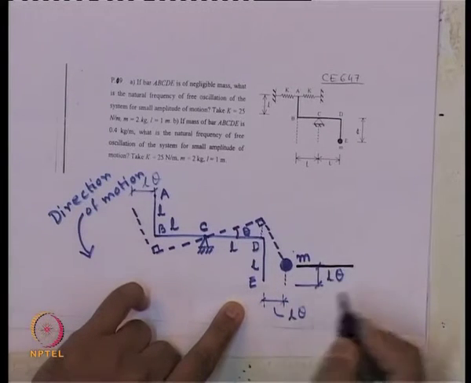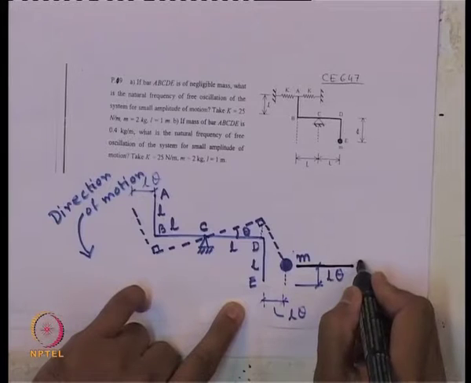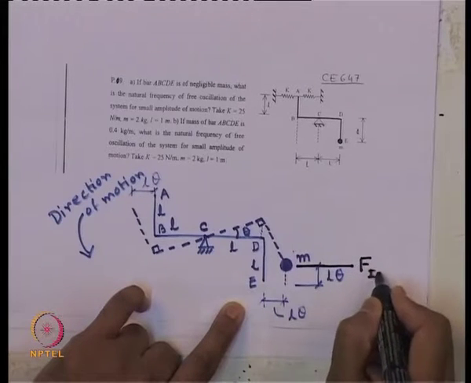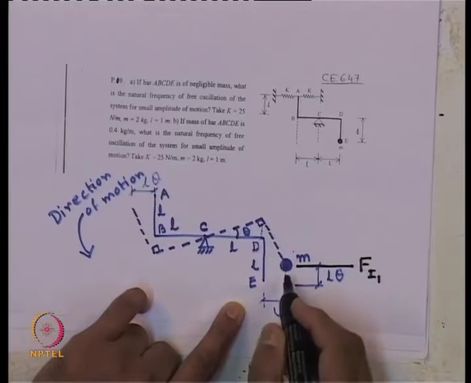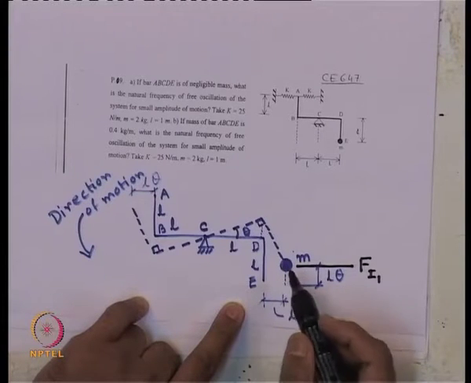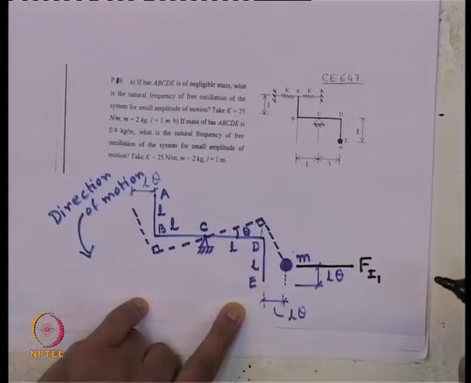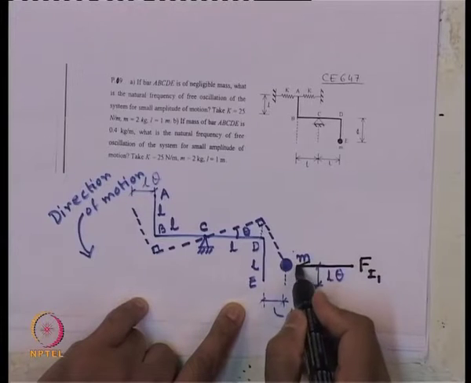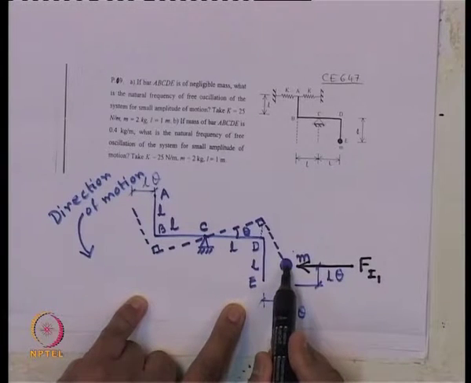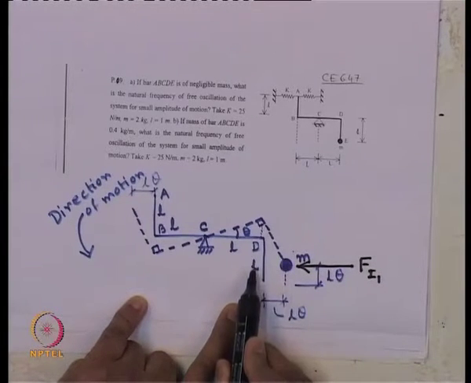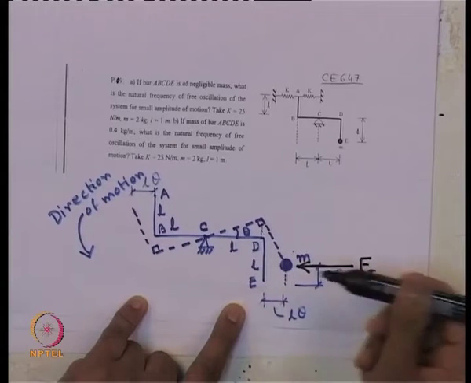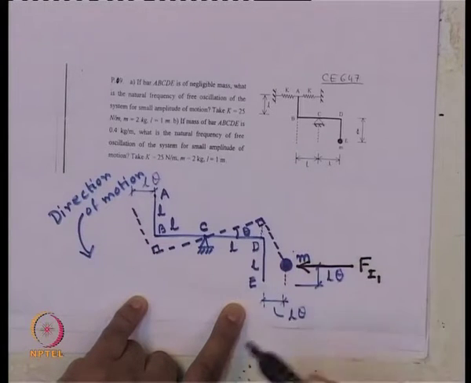The horizontal inertia force, say F I1, will act in the direction from right to left. Why? Because the bob will try to go back to its original position. So, the inertia force will try to bring it back to its original position.